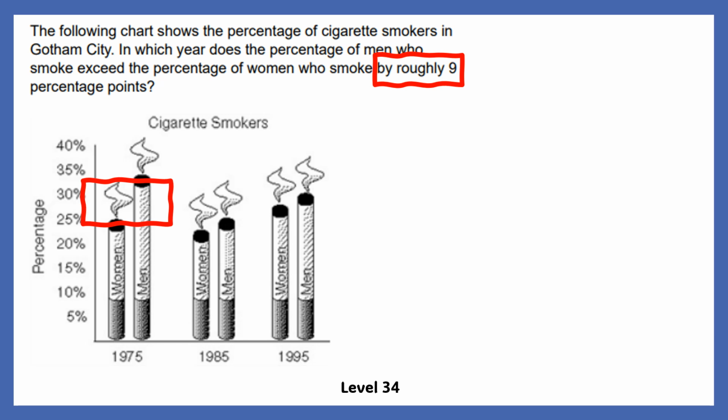So that does look like about 9%. I want to look at this category. Well, that doesn't look like enough. That's not even 5%. And this is also not even 5%. So we would be able to say 1975 is the year that it was about 9% greater smoking percentage for men over women.